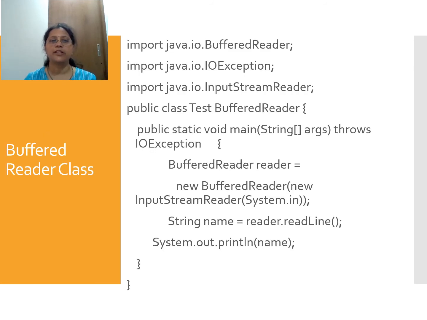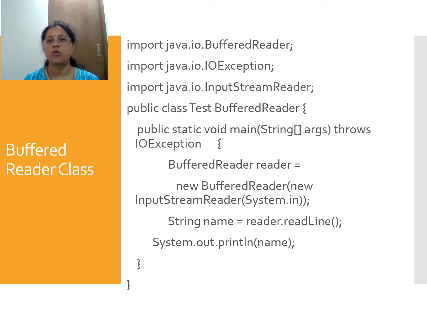Here in the BufferedReader class, you can see the program is written using BufferedReader. So what is imported here? Three classes are imported from the package java.io. IO is the package which is necessary to be imported for the BufferedReader class.